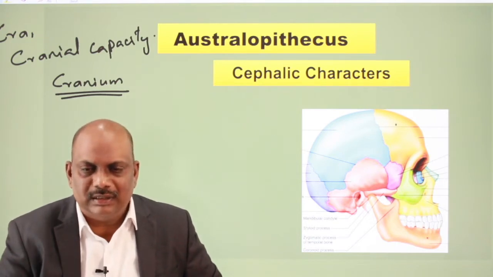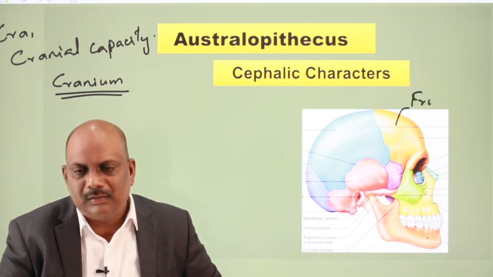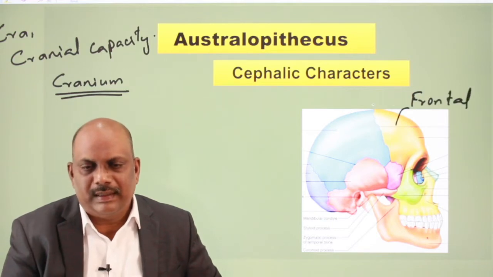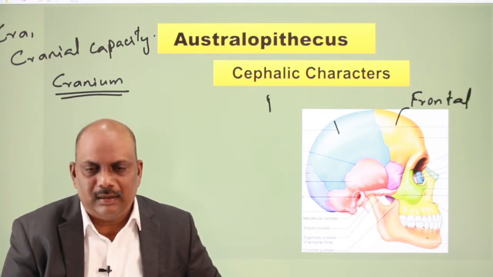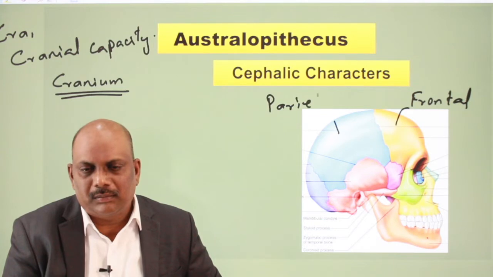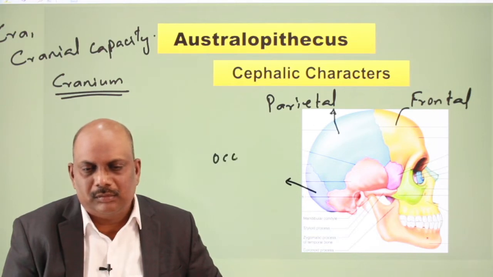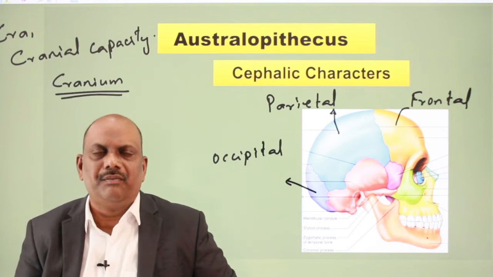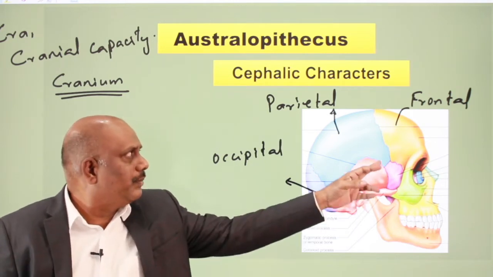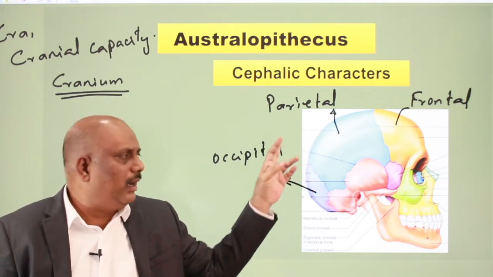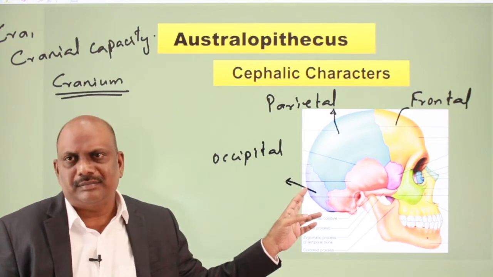One is the frontal, the next is the parietal, and the third one is the occipital. Frontal region, parietal region, and the occipital region.